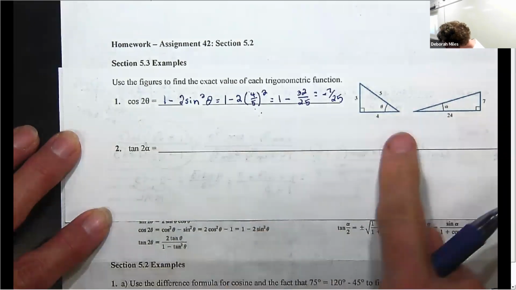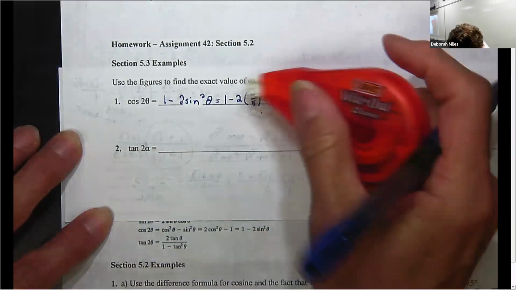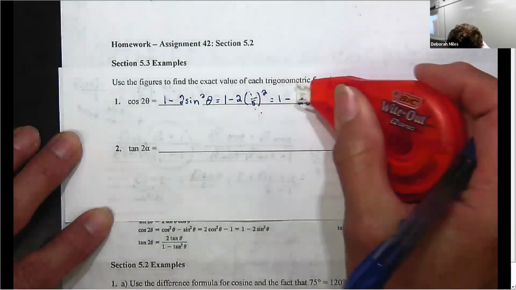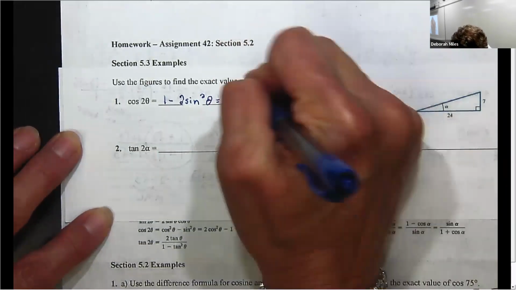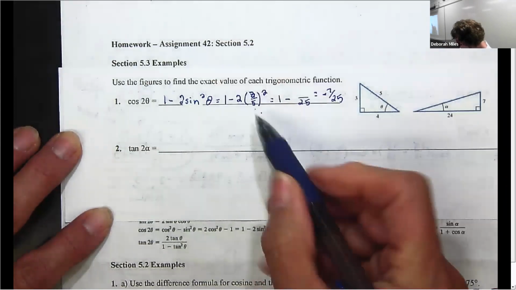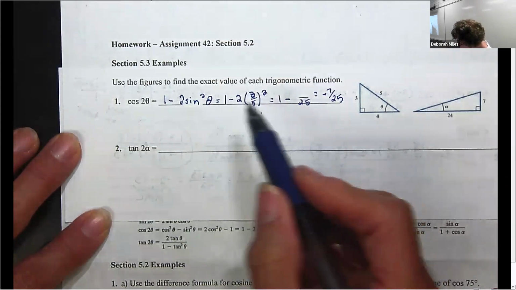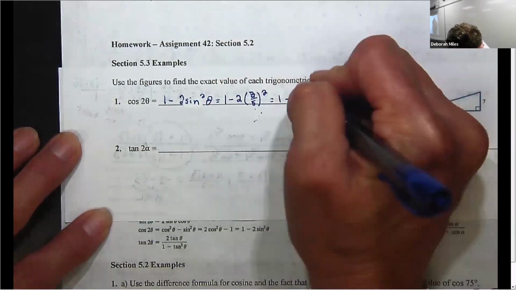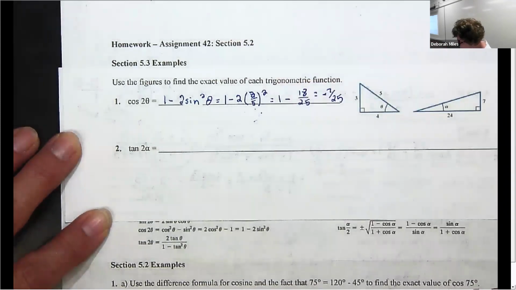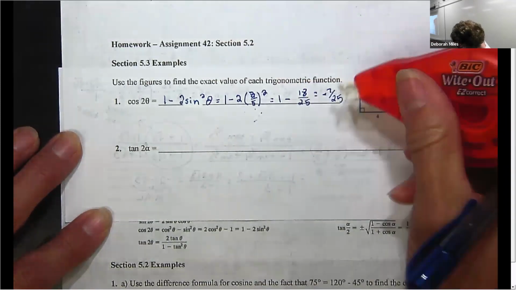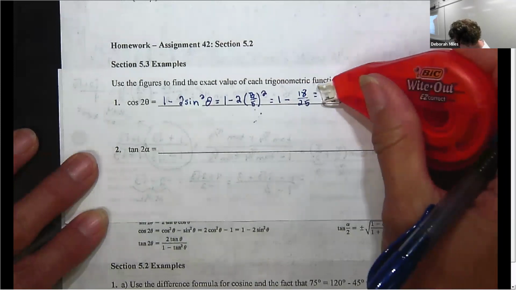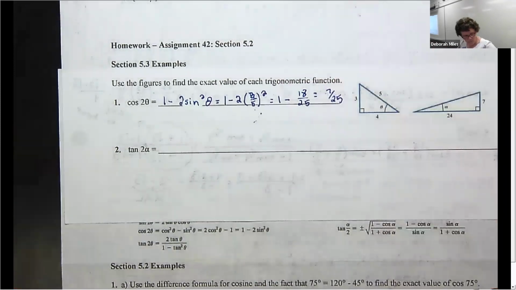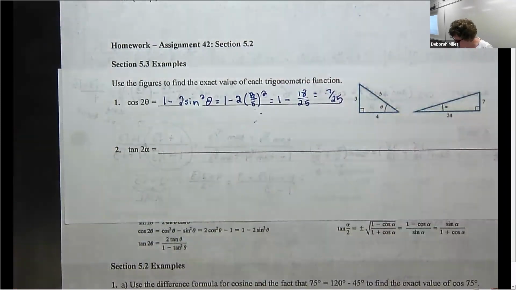And so sine squared would have been 3/5 instead of 4/5. So squared would be 9/25. 2 times that would be 18/25. And so, that's funny. It just ends up being +7 instead of -7, 25ths.